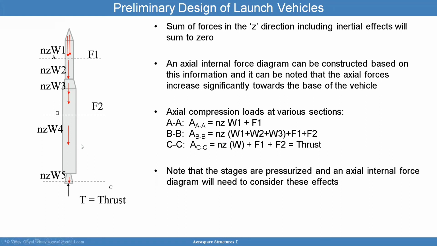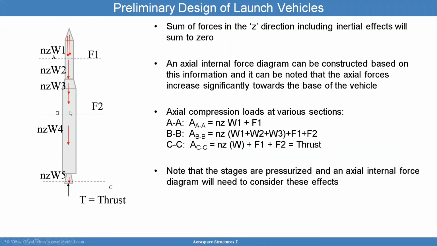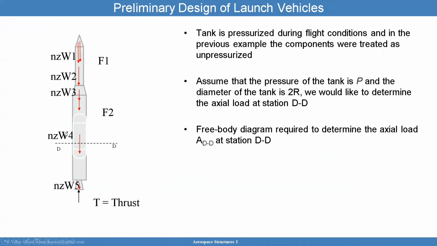Note that if I do a cut somewhere where you have pressurization, you have to be careful and consider those effects when you calculate the effective force at that cross section. So here's an example. If I were to have a tank here somewhere, and the tank were pressurized during flight condition, and this is more normal to have that situation.